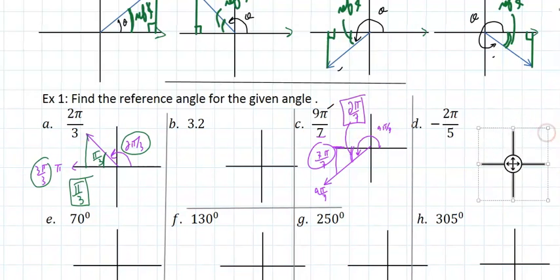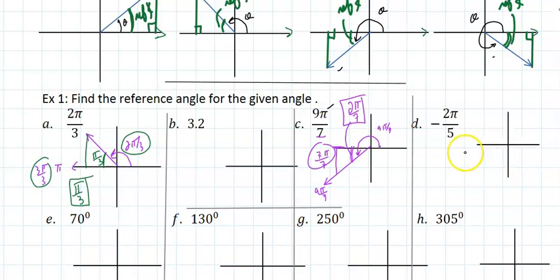How about part D? Negative 2 pi over 5. Alright, I'm running in negative rotation. Okay, I get the idea. This is negative pi, which is negative 5 pi over 5. Isn't negative 2 pi over 5 in that quadrant?